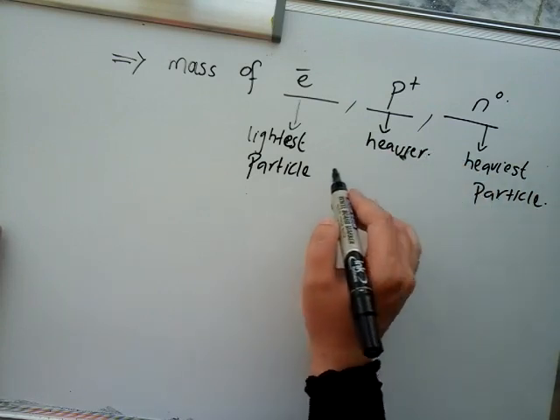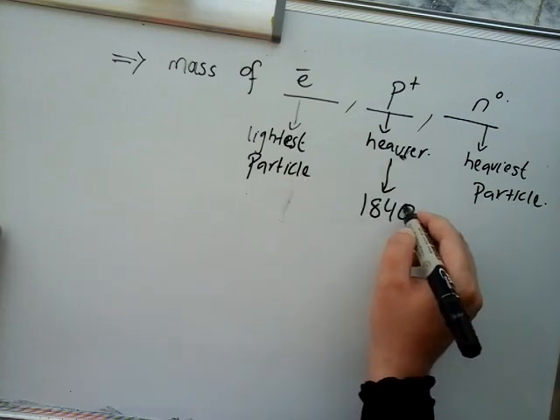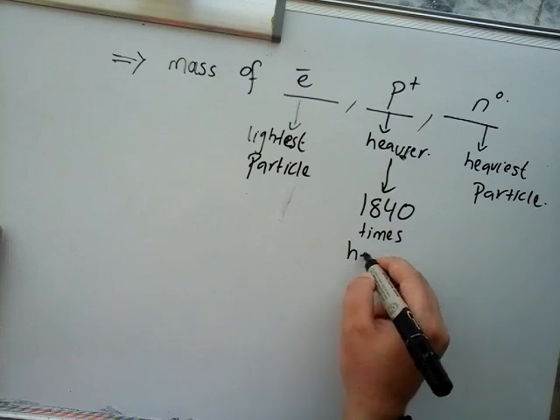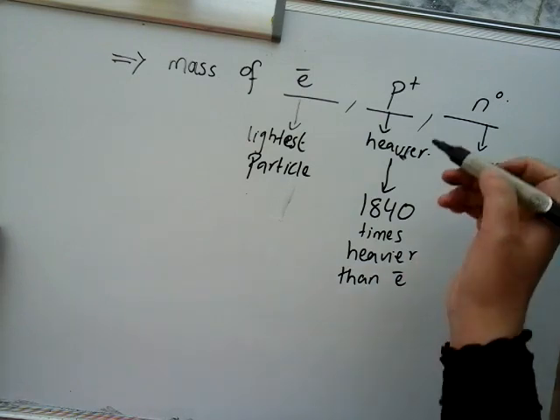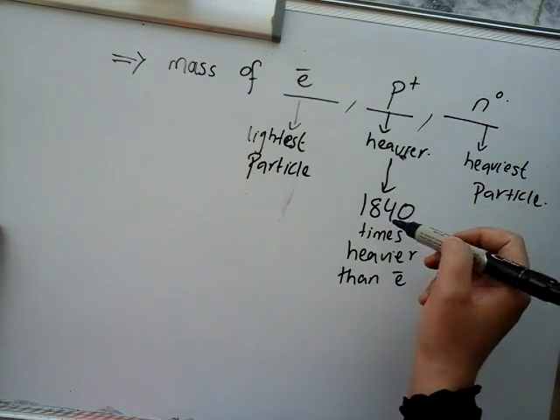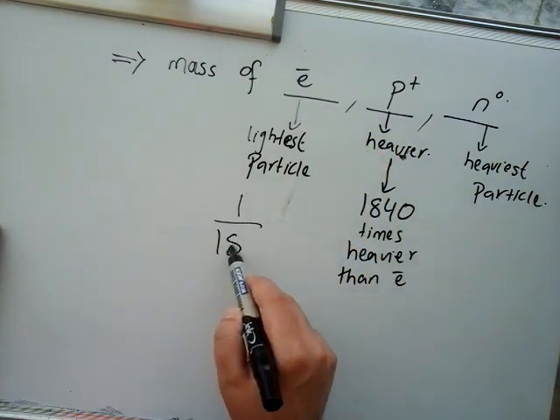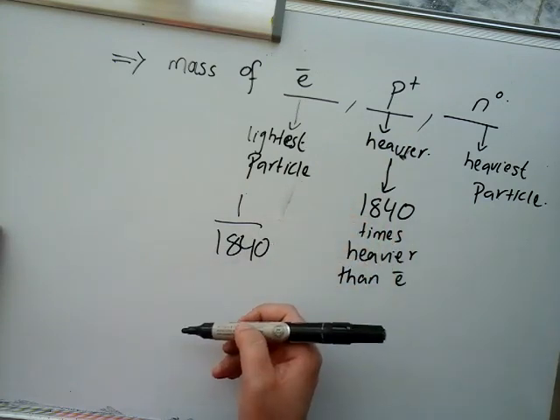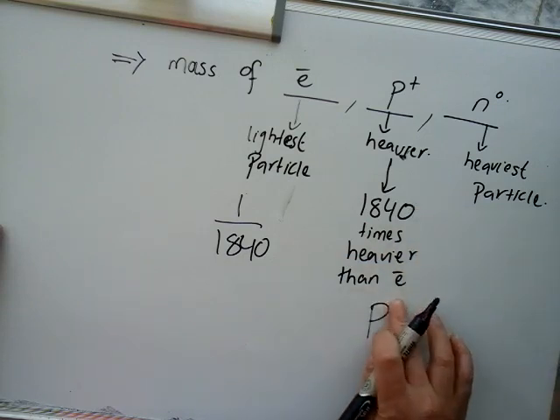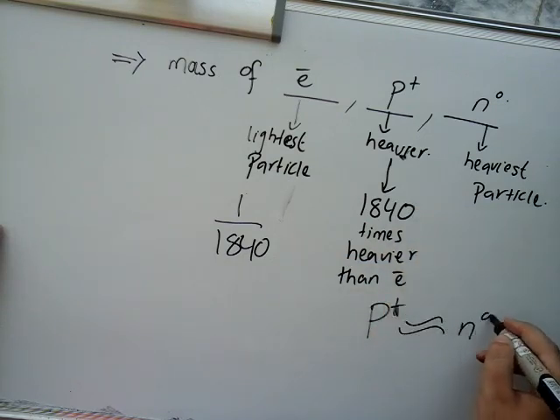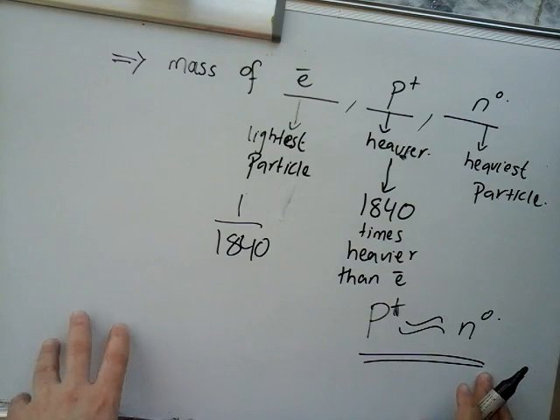The proton is 1840 times heavier than the electron, or the mass of the electron is 1/1840 of the proton or neutron, and the mass of neutron and proton is almost equal, nearly the same.